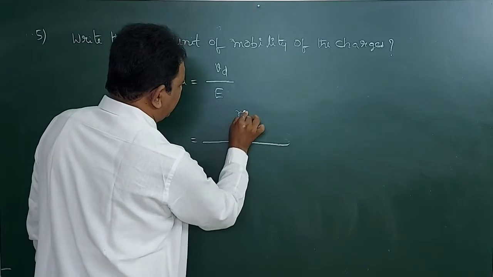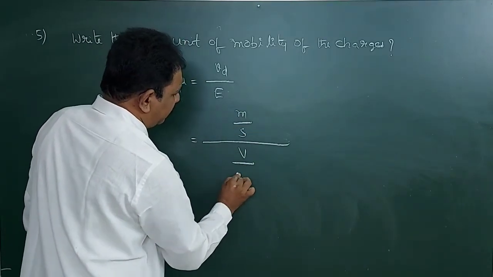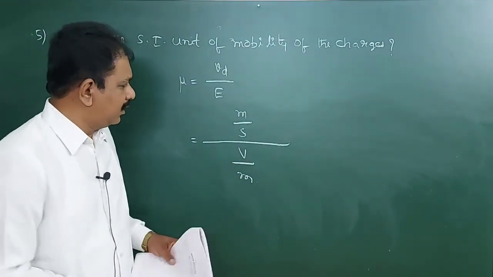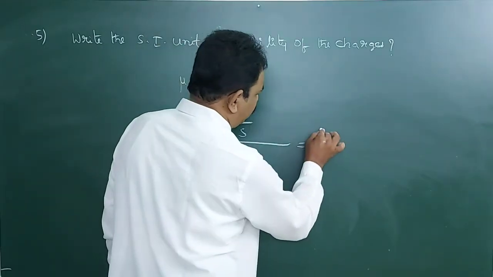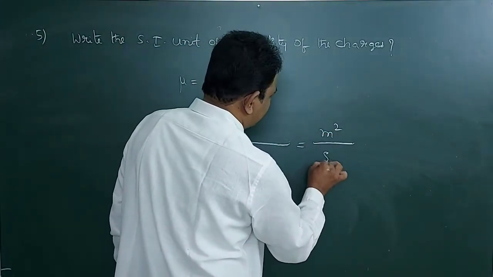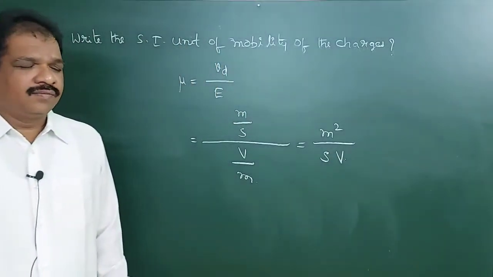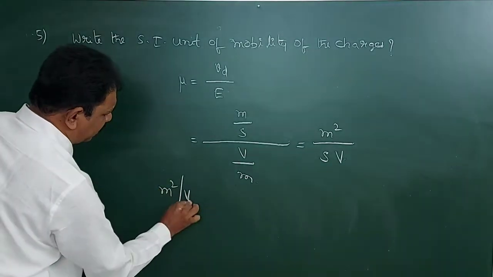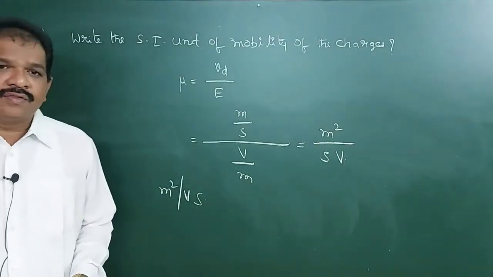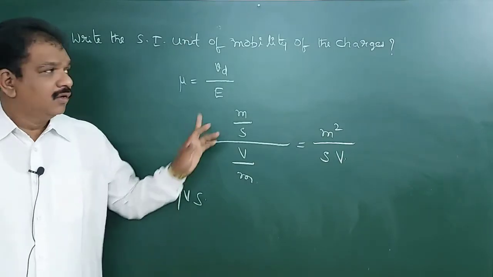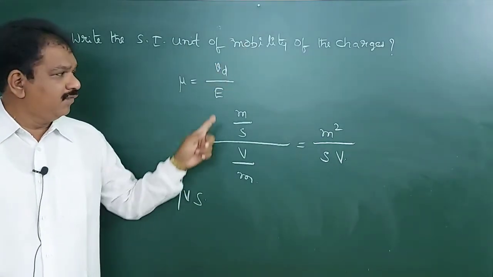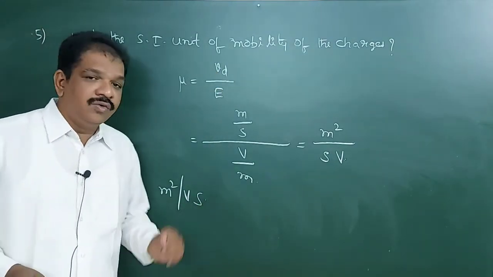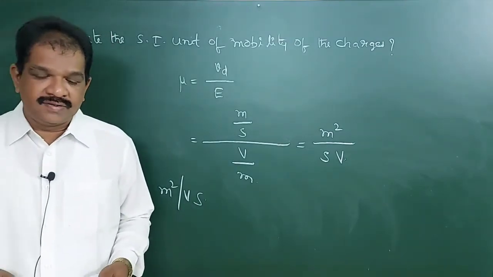Meter per second. For electric field intensity, the unit is volt per meter. This meter comes to the numerator and this second comes to the denominator. So the SI unit will finally be meter square per volt second. That will be the SI unit for mobility.